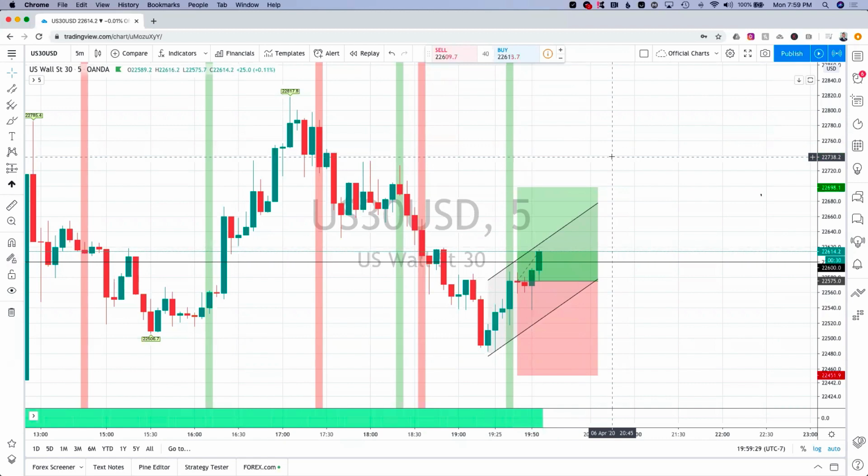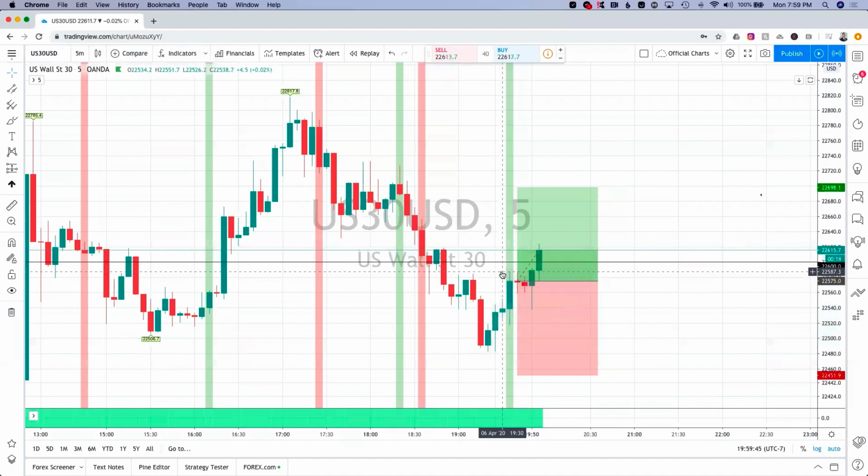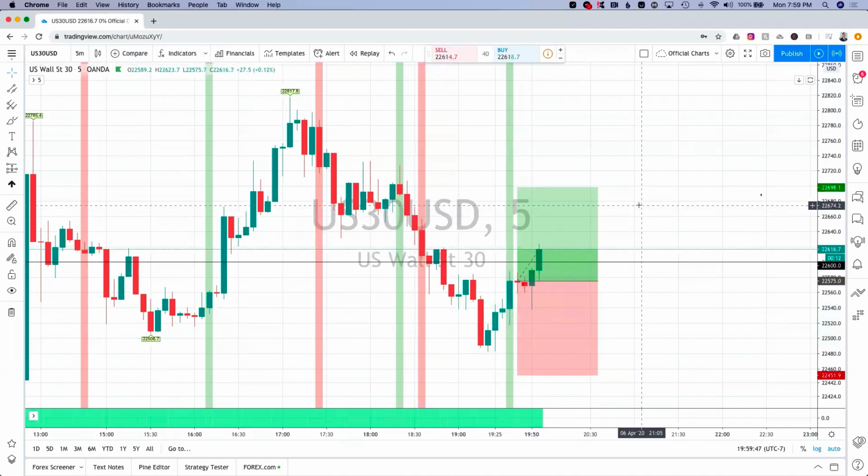So I'll move my stop loss up again to 610. All right, I'm up well over 200 now. I'm gonna keep pushing up my stop loss again.